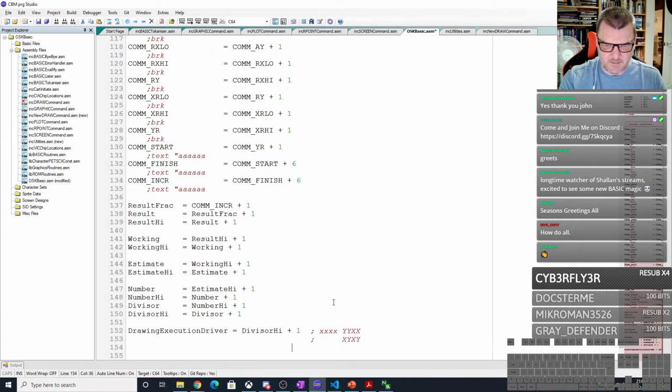So 0 equals add and 1 equals subtract. So if there's a 1 in there, that means that this routine needs to go into add mode, and if there's a 0 in there, that means it needs to go into subtract mode.